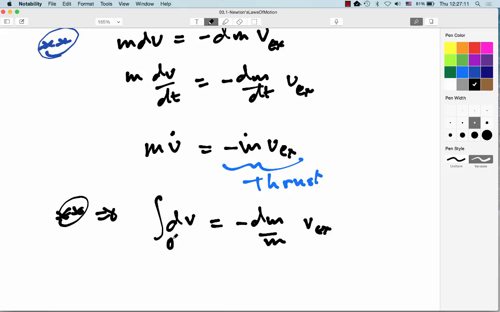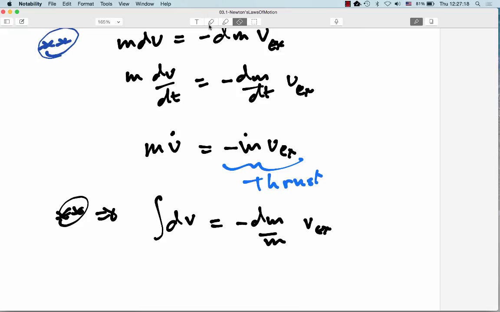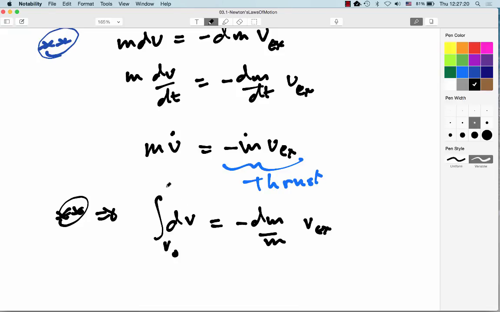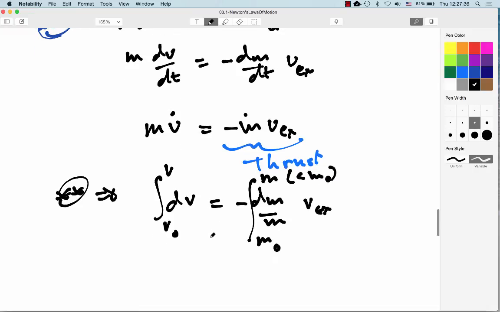I can integrate this from v naught to v. And I can integrate this from m naught to m, keeping in mind that m will be less than m naught, because as we burn up fuel, the rocket is getting lighter.